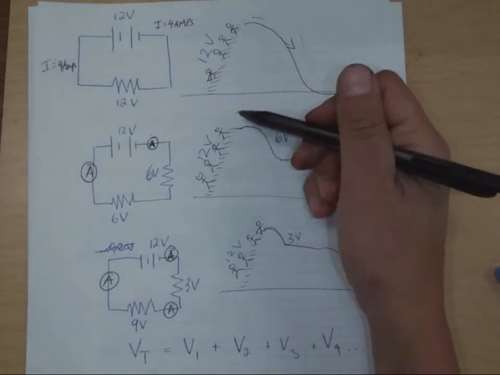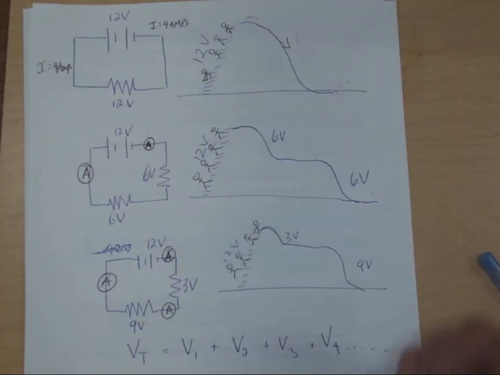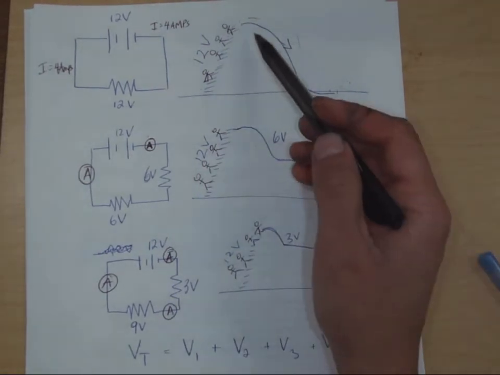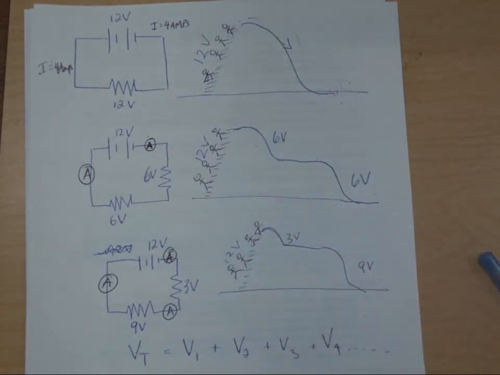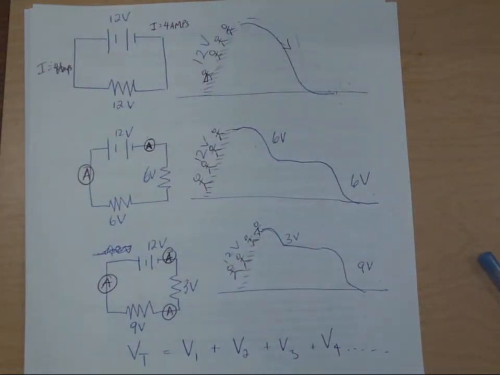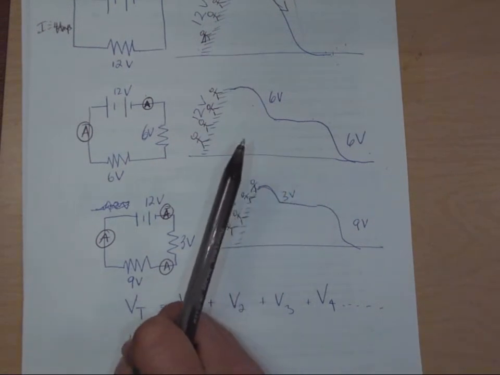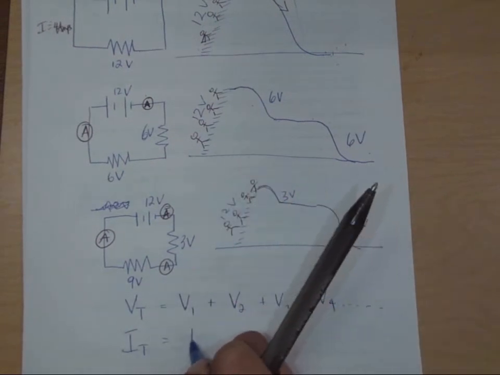Because I have 4 amps in all of those different parts, and there's only one path, at any point there are going to be 4 amperes. 4 little guys going through that circuit. So the current does not change anywhere along a circuit that is set up in series.